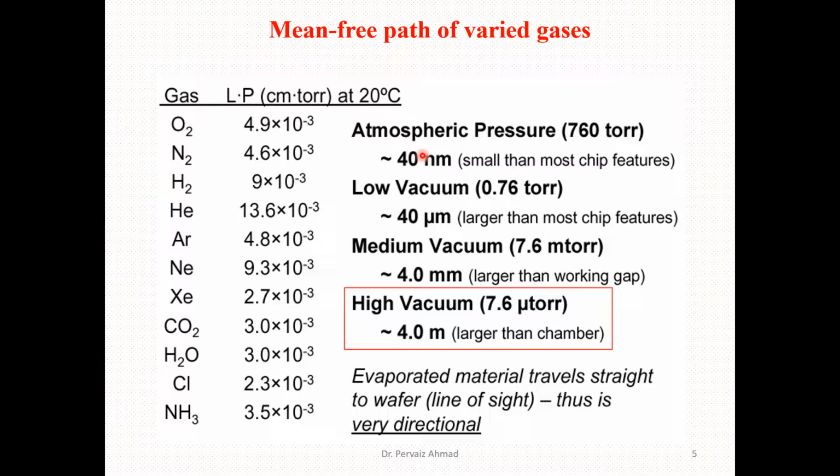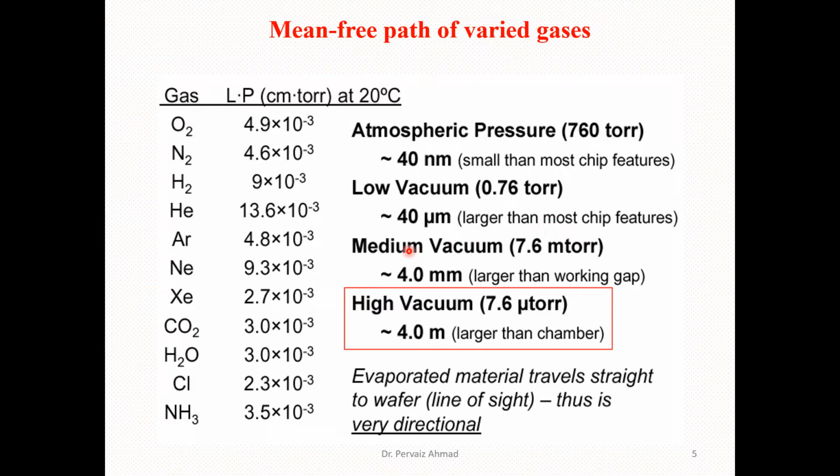Here you can see that atmospheric pressure, which is equal to 760 torr, if we convert that into a length scale, corresponds to 40 nanometer. What it means is that it is smaller than most features. If we come from atmospheric pressure to low vacuum, 0.76 torr corresponds to 40 micrometers, which means it is larger than most features.